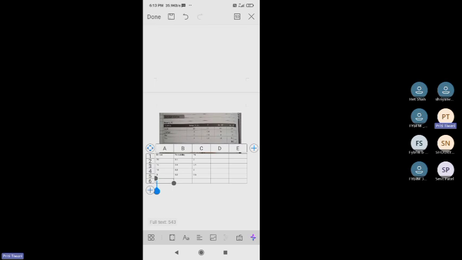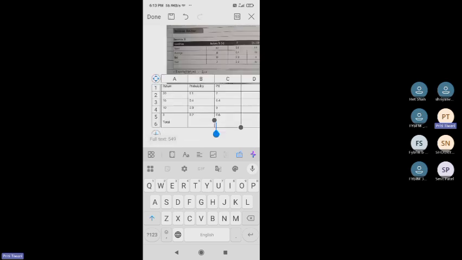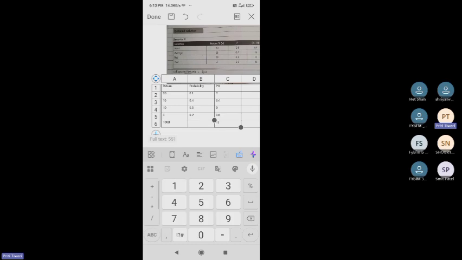The last column will be for total. Now the total of these, that is summation of PX. How much is it? 3 plus 2, 5, 5 plus 6, 11, plus 1, 12%.